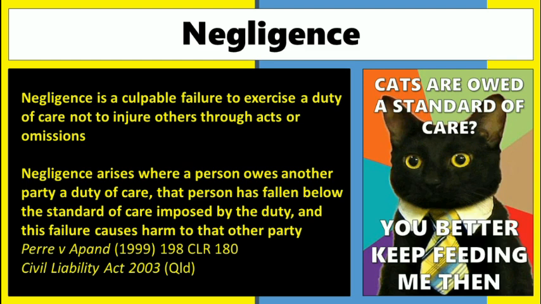In that situation, negligence arises, and the plaintiff can bring an action if they can prove all three: that a duty of care exists, that the appropriate standard of care that duty entails has been breached, and that harm was caused by that breach.